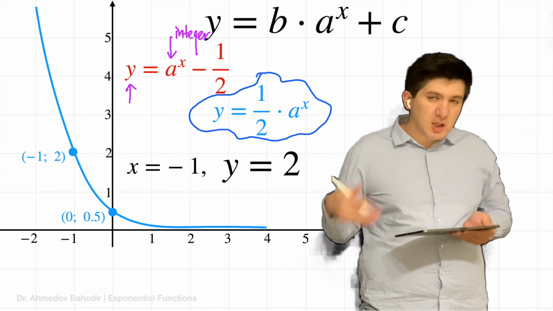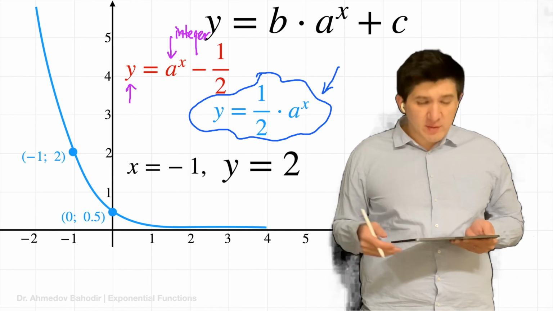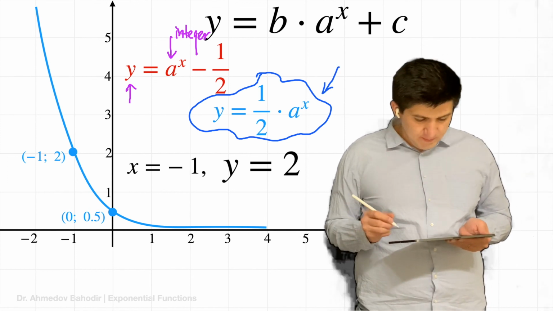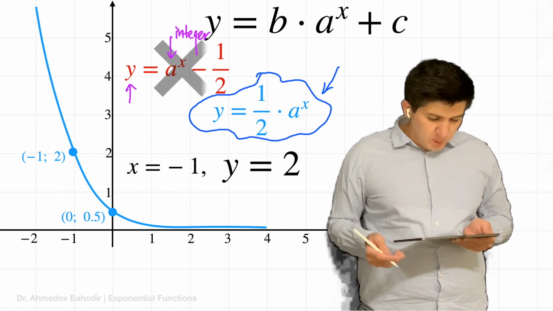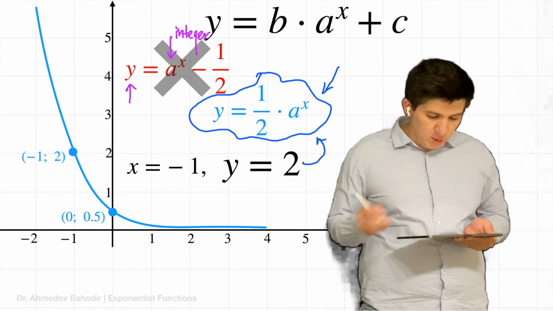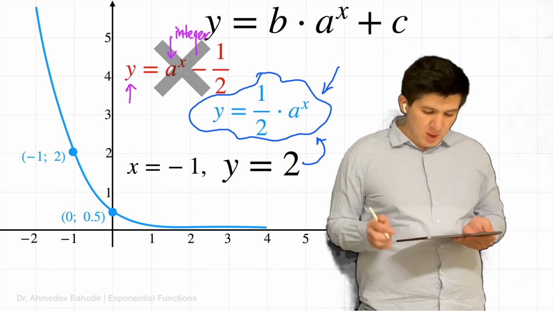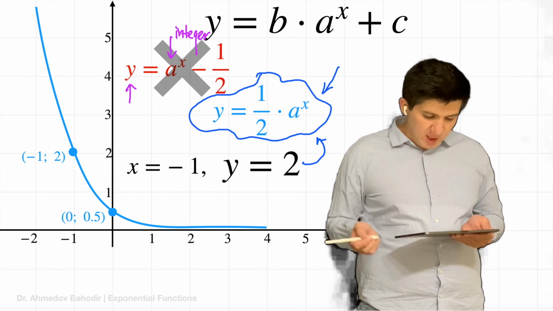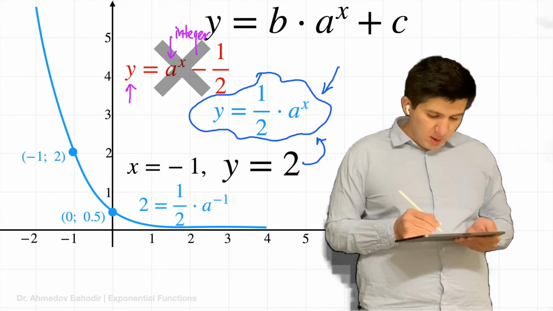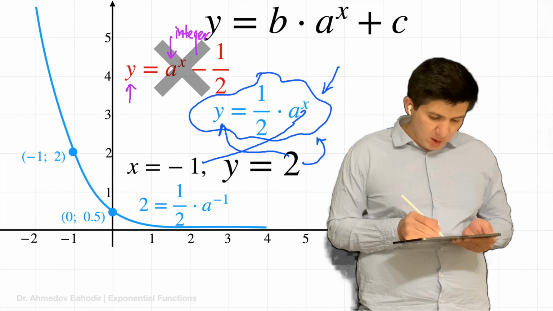So I'm going to develop our theory that our function is in this form and try to figure out the value of a. In order to do this, we're going to use the coordinates of this point. I substitute the coordinates of this point here and figure out the value of a. So 2 is put here, and -1 is put instead of x.